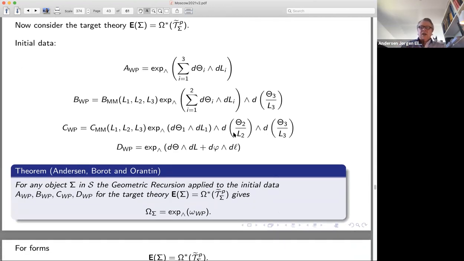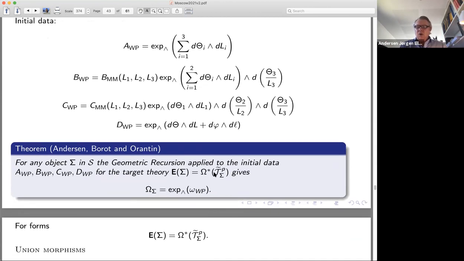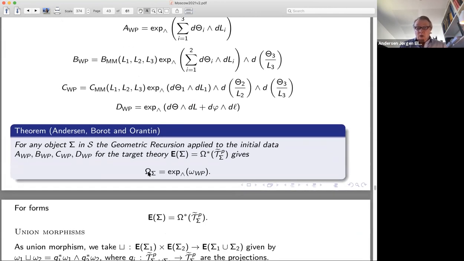For the 2 inner ones, I have a different form, but then I do X of the one from the boundary that C still has in common with the surface. And for D, I simply take X of the Weil-Petersson symplectic form. And then the thing is, if you take the target theory, which is all forms on these Teichmüller spaces, and you run the geometric recursion for this setup here, you will indeed always get X of the Weil-Petersson symplectic form.